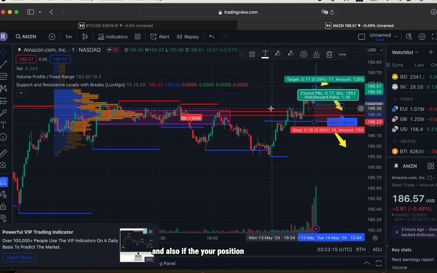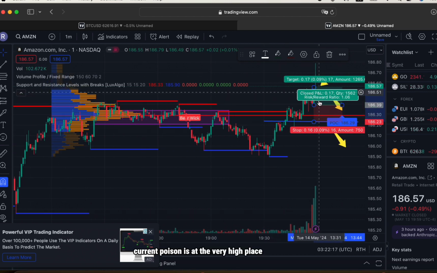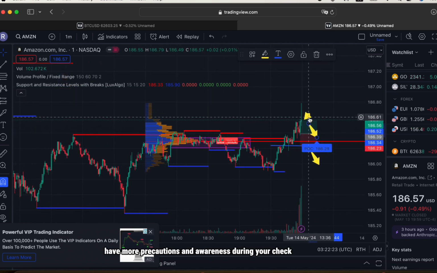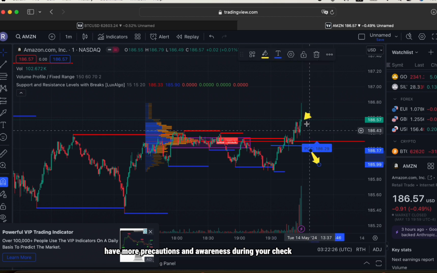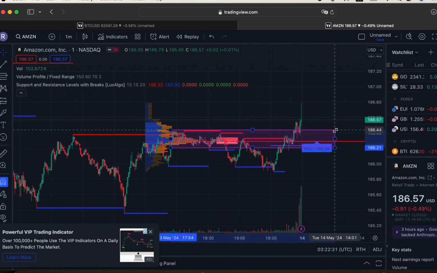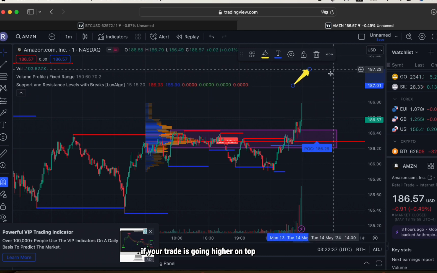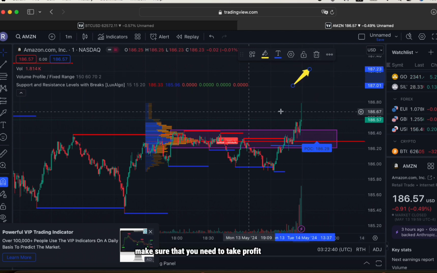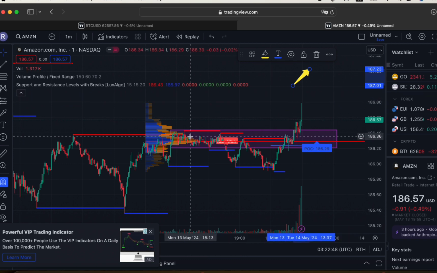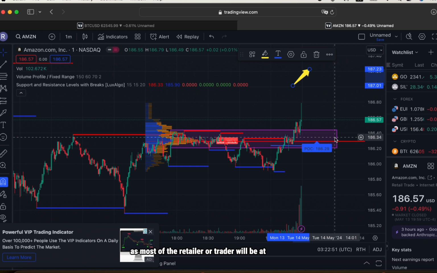Also, if your current position is at a very high place compared to the volume, make sure that you have more precaution and awareness during your trade. For example, this box is the region of the volume. If your trade is going higher on top, make sure that you take profit by your strategy, or maybe take profit portion by portion, as most of the retailers or traders will be at this box area.